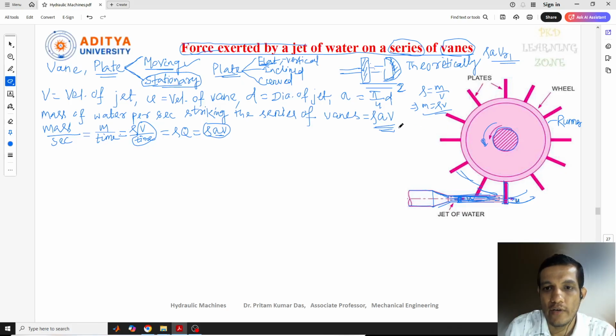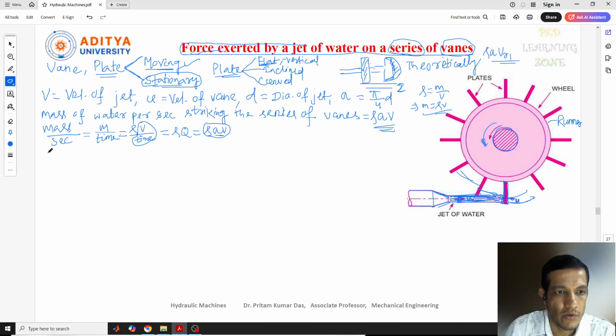Now we need to keep in mind that we should not consider the relative velocity for this condition, but when we consider the jet striking the plate, at that time we need to consider the relative velocity.